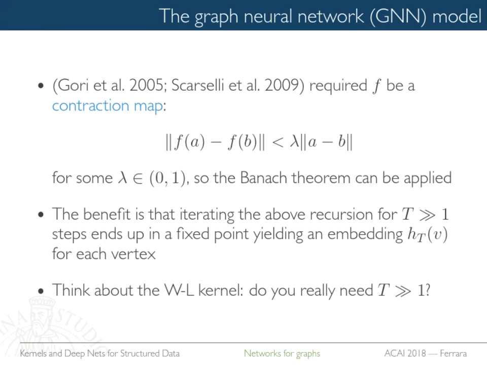Right? So they enforce this contraction mapping using a penalty in the optimization objective. And this is good for them. Why? Well, because at the end, they know the solution. Right? So they have a unique embedding at the end, and that's the result of all the operations.